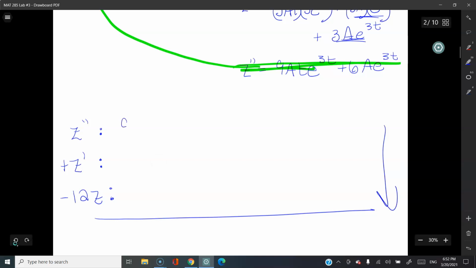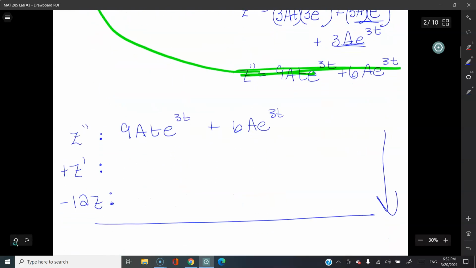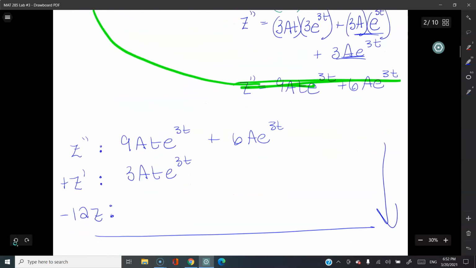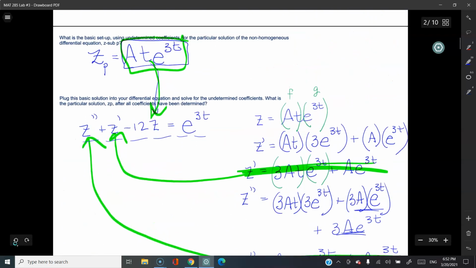So z double prime, we said, was 9at e to the 3t plus 6a e to the 3t. Z prime is 3at e to the 3t plus 3a e to the 3t. And then we want to subtract 12 z's.